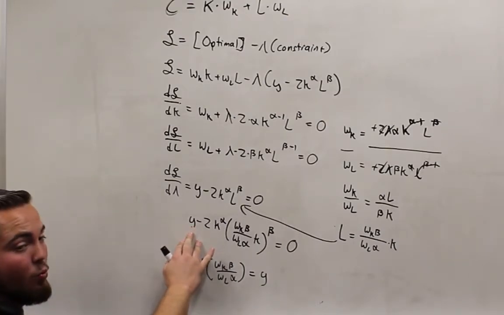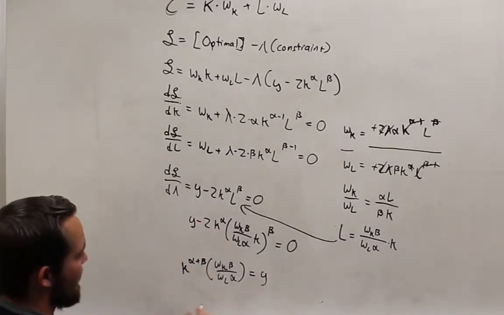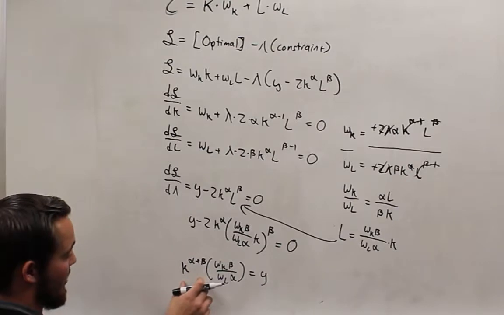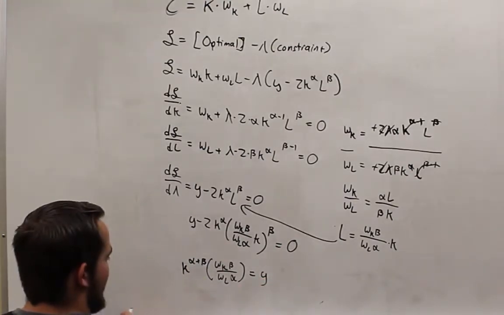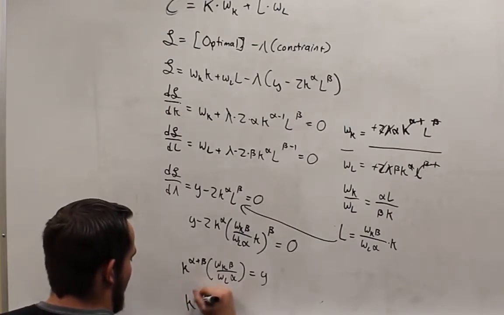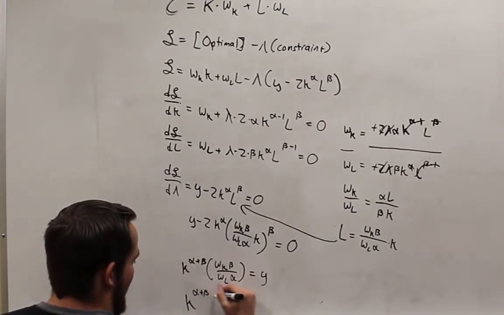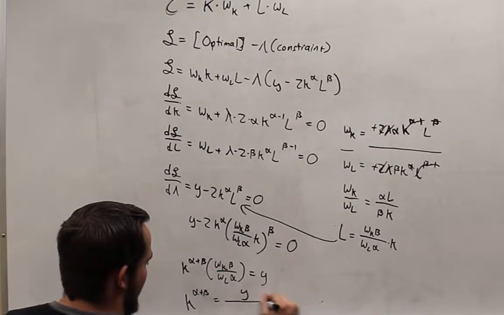I'm just going to bring over the y on that step too. Now I want to isolate this k. To do that, k to the alpha plus beta equals y divided by all this.